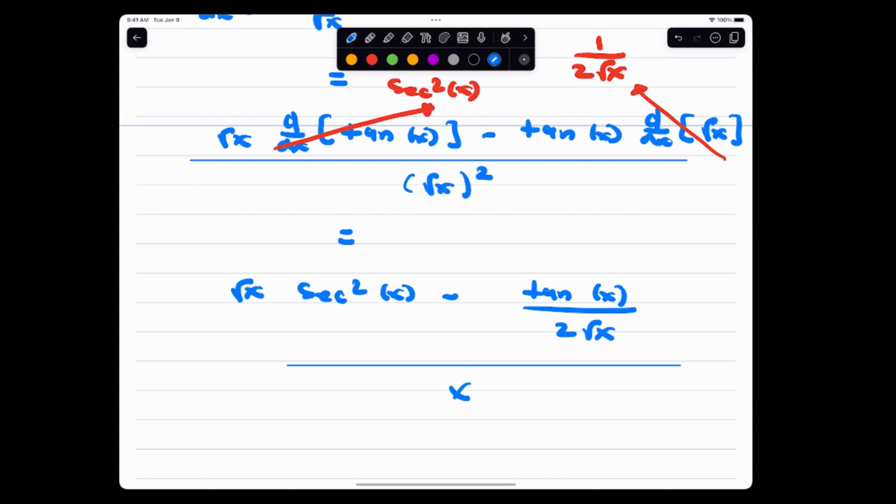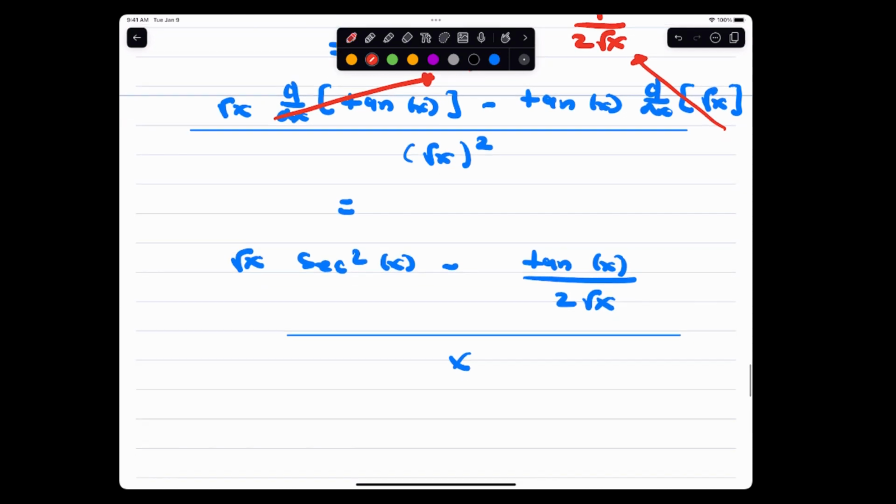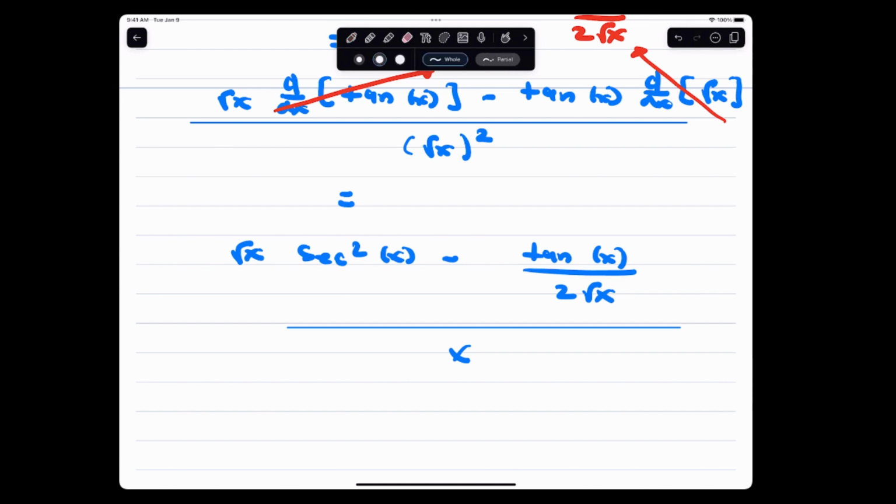Isn't that just x? Okay. 2 square root of x.